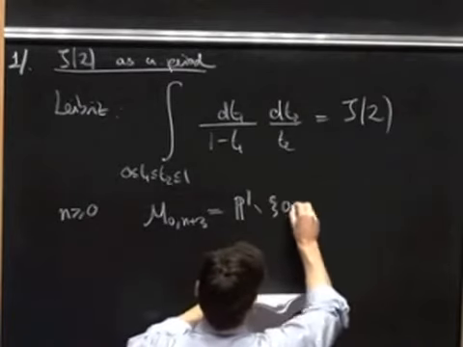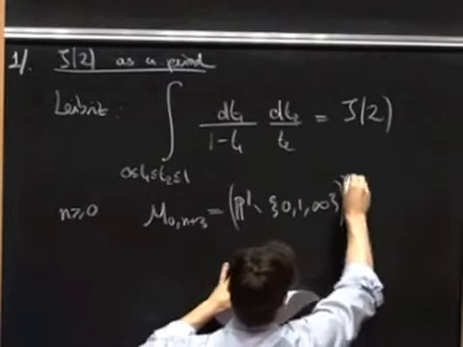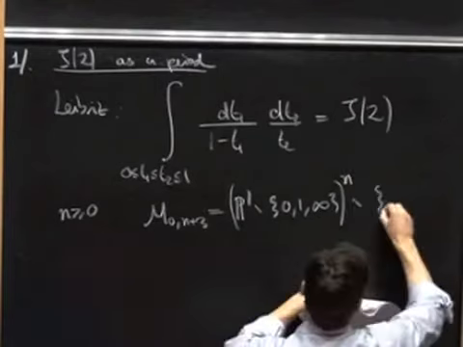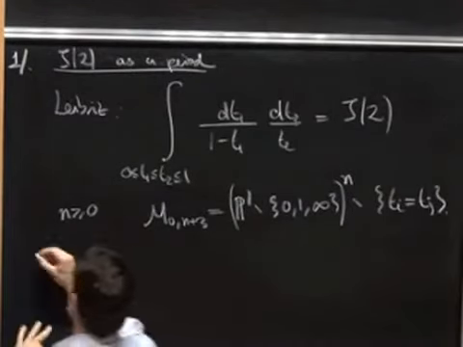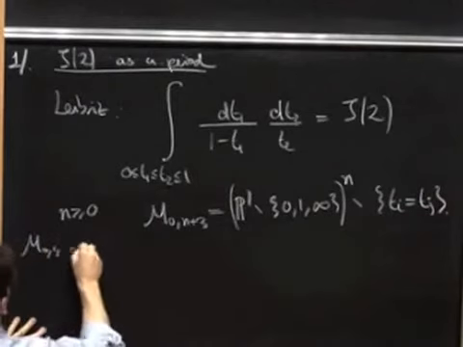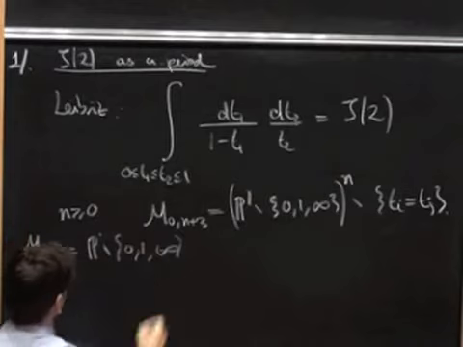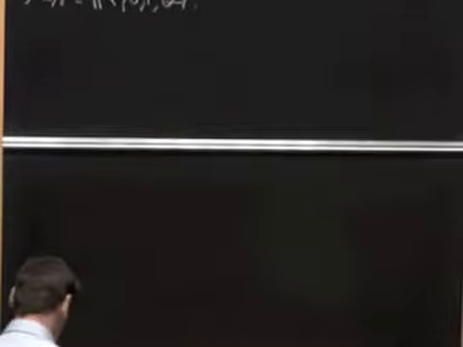And this can be very concretely written as just the n-fold product of the projective line minus 3 points minus all the diagonals. So of course, M_{0,4} is just P^1 minus 3 points. So let me draw a picture of M_{0,5}.